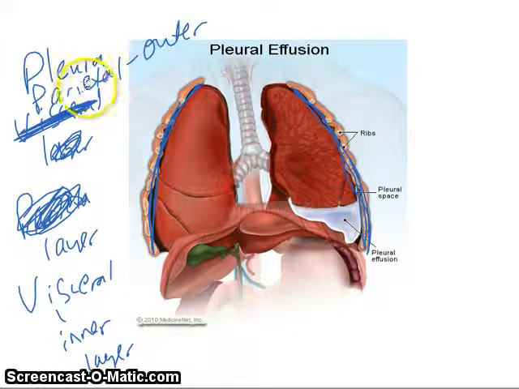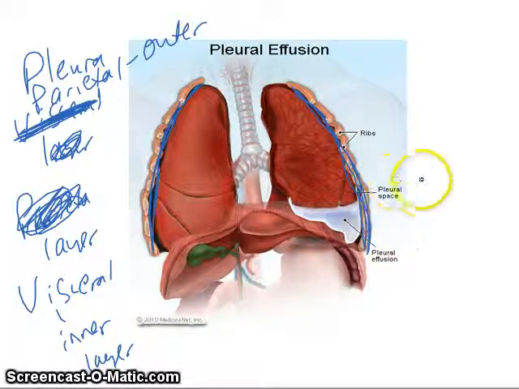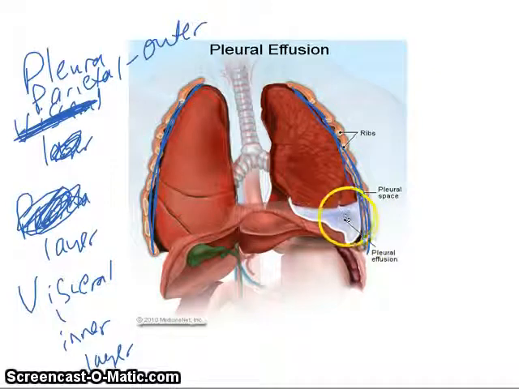The outer layer is the parietal layer, and the parietal pleura is this outside layer that lines the thorax. So within the parietal and visceral layer is the pleural space. And of course, in that pleural space, there should be just a small amount of pleural fluid. But if that space fills with too much fluid, that is a condition called pleural effusion.